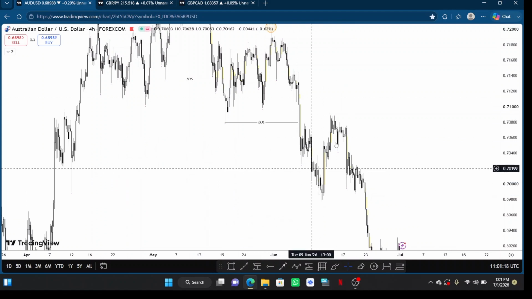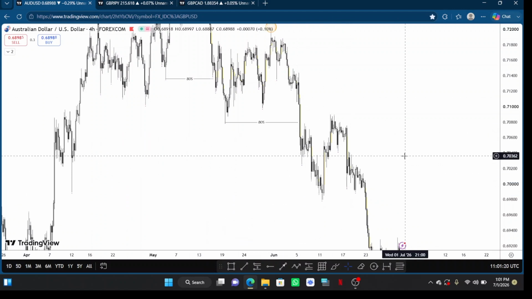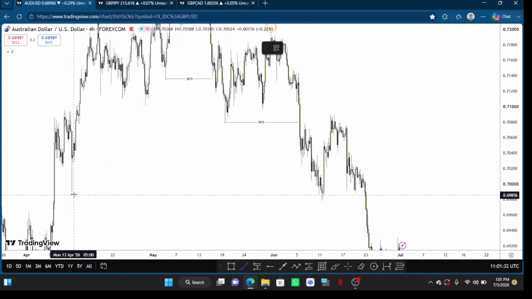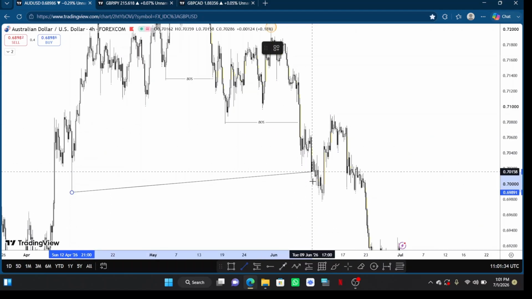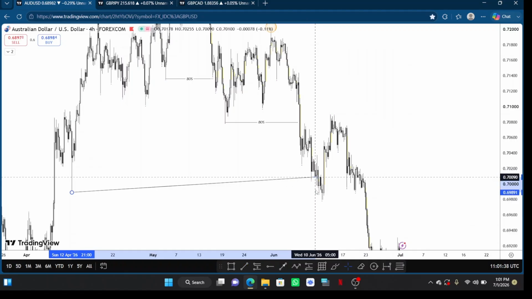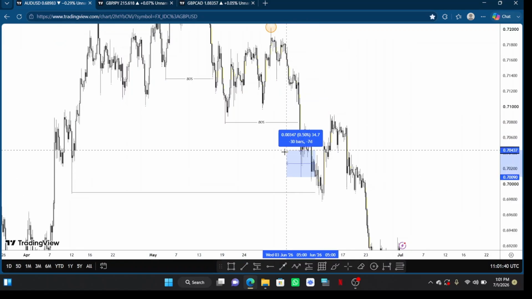Before this whole area formed, I was looking at price here. What did I see when the market formed this small retracement, then traded down? I saw that it took down this liquidity.